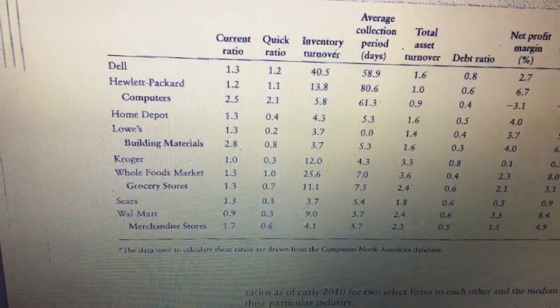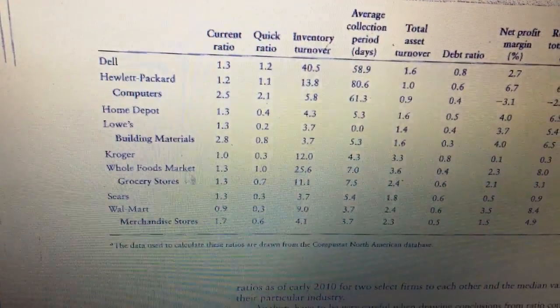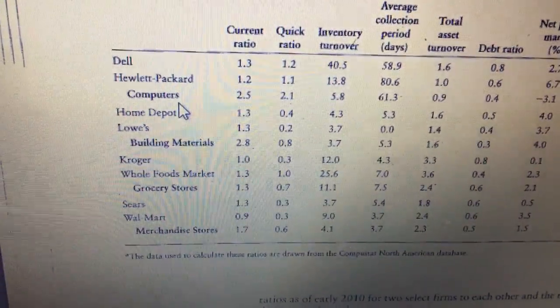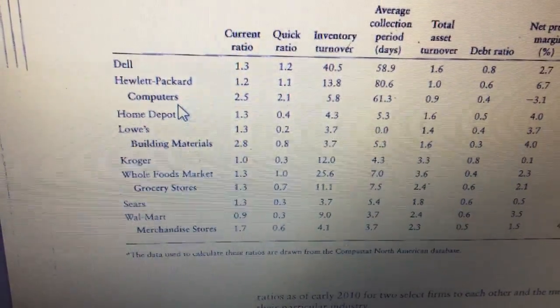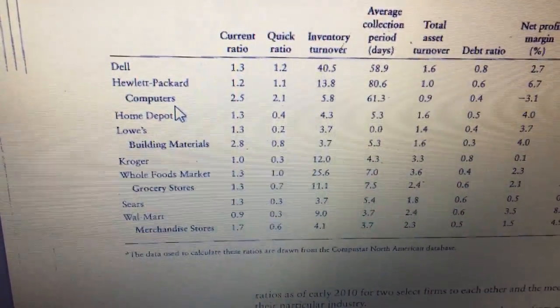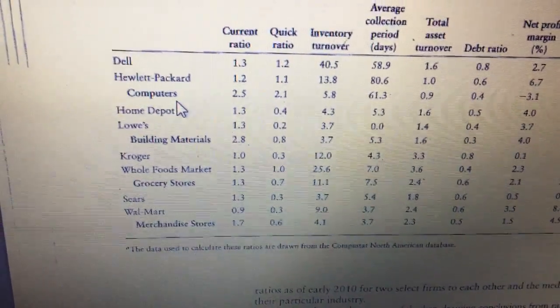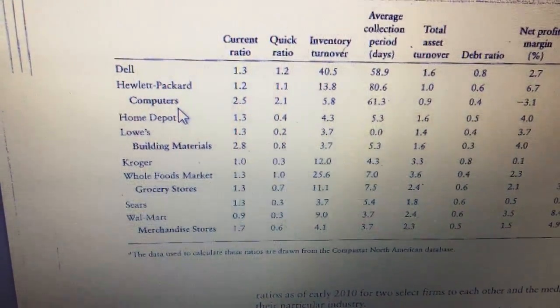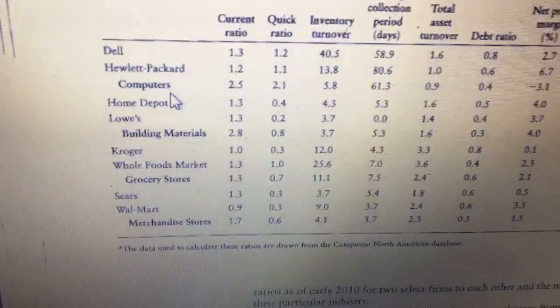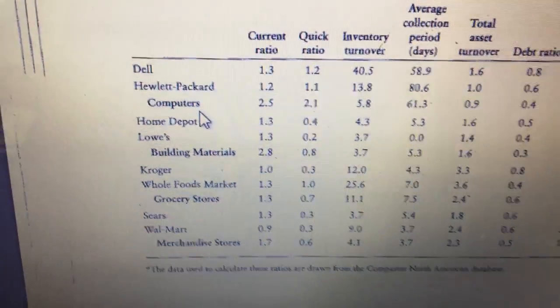You can compare it to other ratios within the industry. We have 4 industries represented. This particular financial statement we're looking at is Bartlett, and they do metal fasteners. They're not exactly in the computer industry. Perhaps building materials is more suitable for them. However, Apple would be in the computer industry.